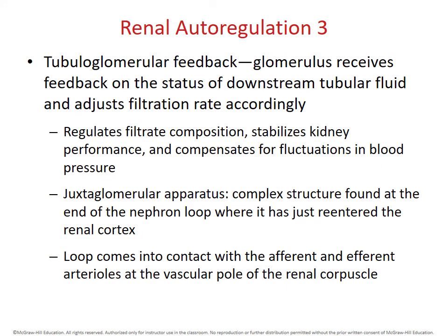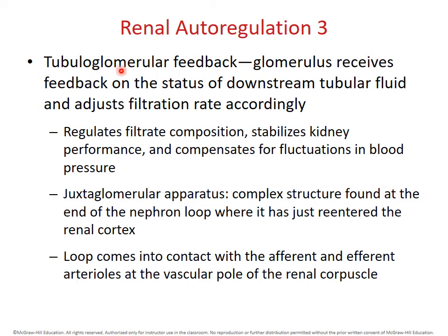Now, the tubuloglomerular feedback mechanism is a bit more complicated, and we need to introduce some new anatomy, some new structures to fully understand it. First of all, let's describe essentially what's happening, and then we'll introduce some new pieces.